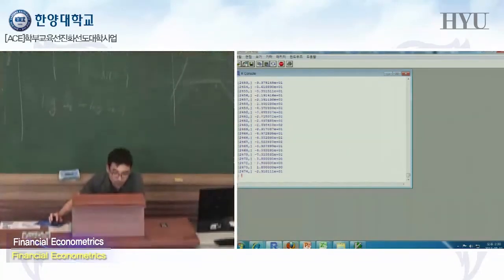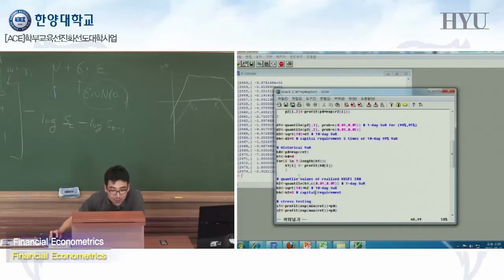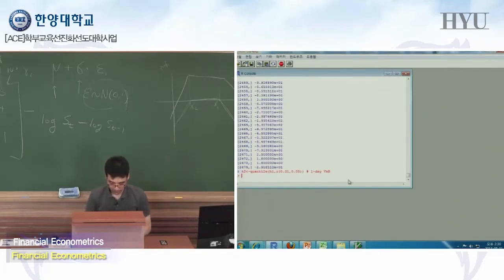Okay. So therefore, the next step is very easy. Since I generated this strangle position, next I calculate the 1-day value at risk first. H2 is the 1-day value at risk.